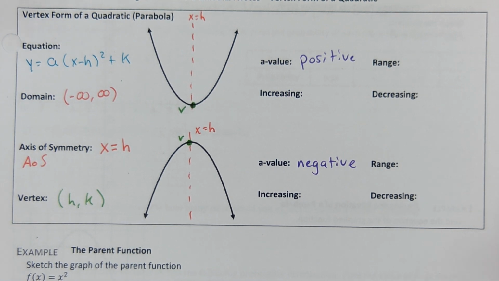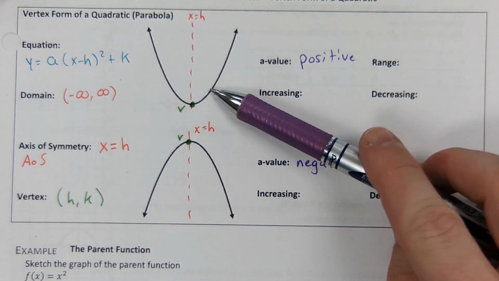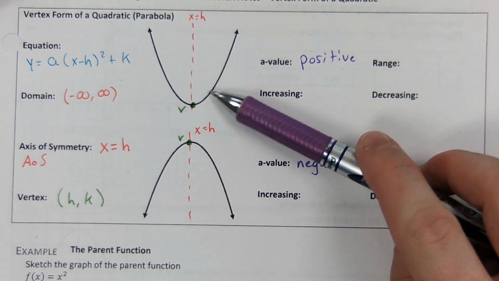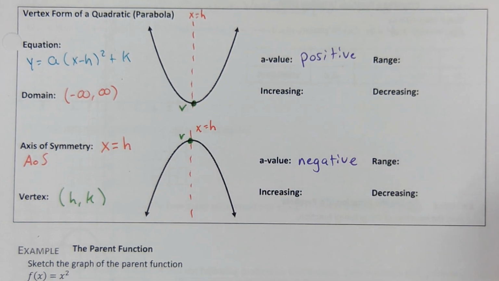So just like absolute value graphs, our range is going to be determined by whether it's up or down, and then the vertex. Because both of these images are bounded somehow. This graph is bounded below by the vertex. This graph is bounded above by the vertex. So when we talk about range, which is the only interval that we use y values for, we're only going to talk about the y values. So when I said bounded by its vertex, what I actually mean is the y value of its vertex.